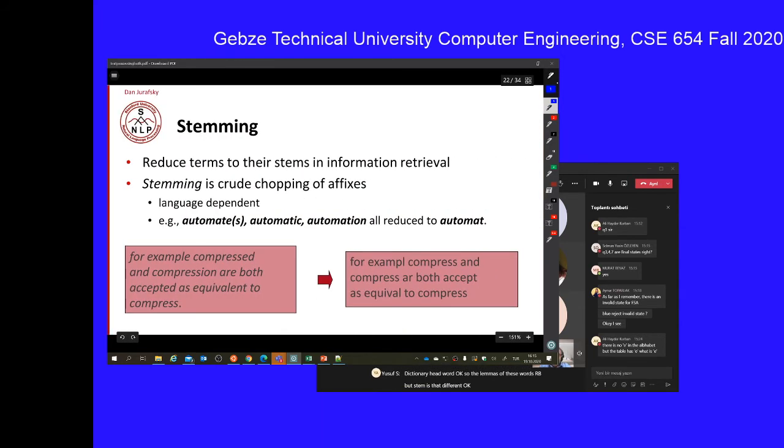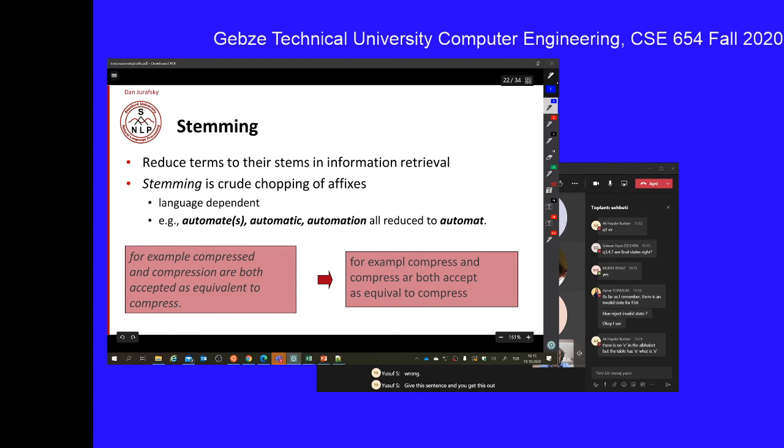So there is a very crude algorithm from the 1960s for English that finds the stems of the words. It doesn't work perfectly. It overdoes it. Sometimes it does it wrong. Give this sentence and you get this out.